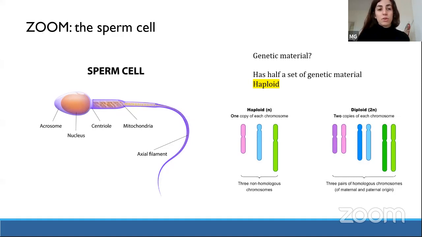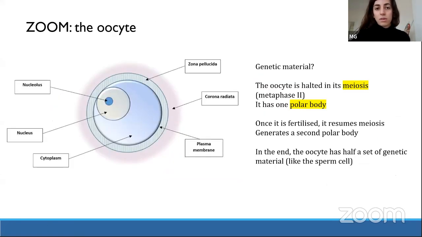So I'm going to move on to looking more at the oocyte, which is a bit more complex than the sperm cell. As you can see, there's a nucleus, a nucleolus, and the plasma membrane that we're talking about, and the zona pellucida, which is a complex coat of protein and glycoprotein that acts as a sort of protection, but also can have the cortical reaction later.